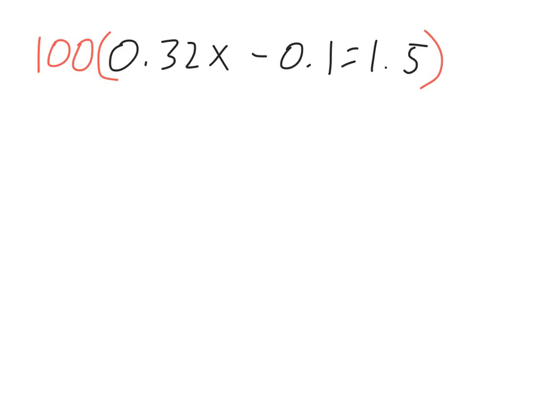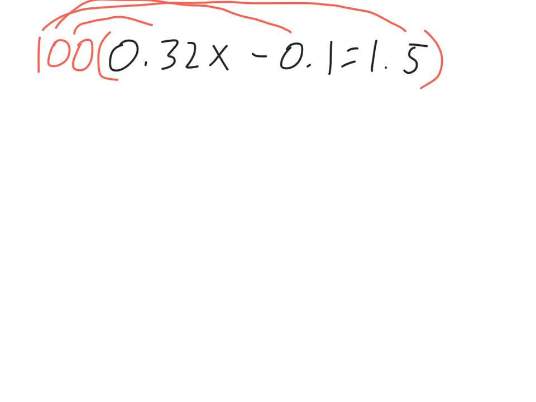So that means 100 times 0.32, 100 times 0.1, and 100 times 1.5. So when you multiply by 100, you just move the decimal point over 2 spaces.